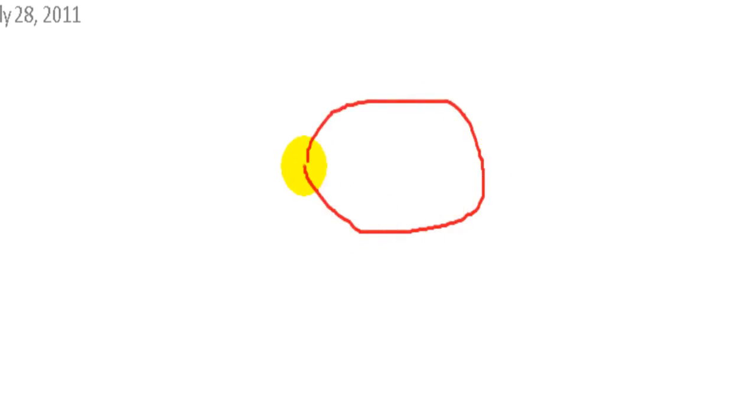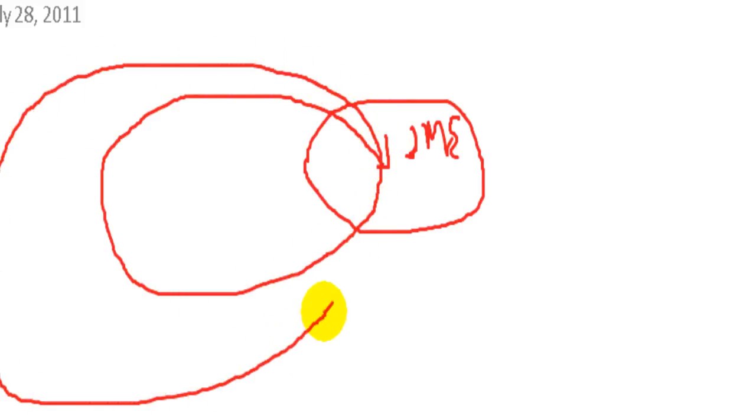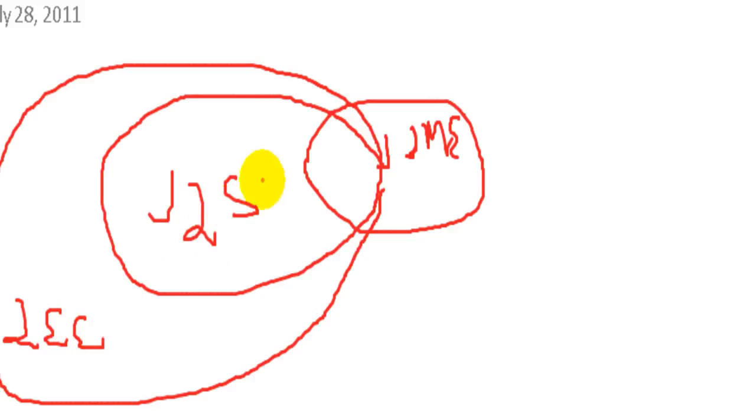If you talk of J2ME, say for example this is the domain of J2ME. There are a lot of things which are common with J2SE, and even many things common with J2EE. So we have the platforms J2EE and J2SE, and you can see there are a lot of things common, like this portion.